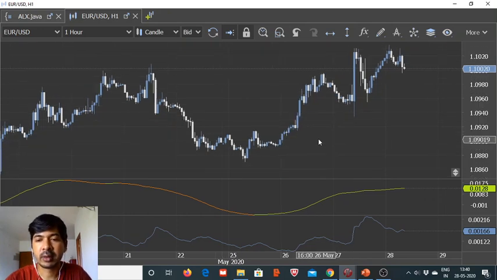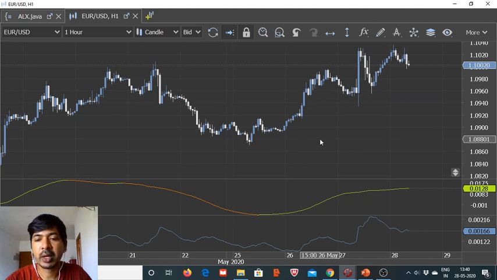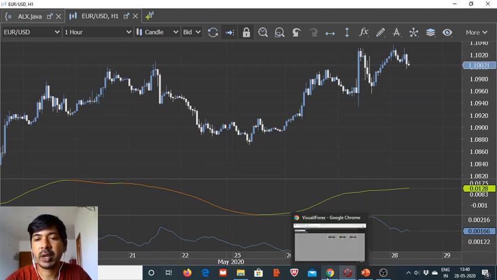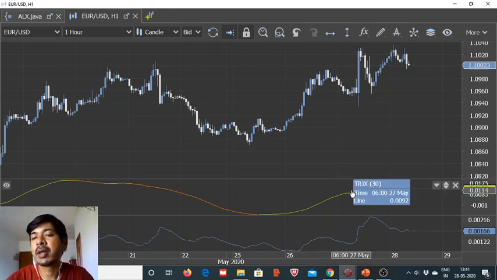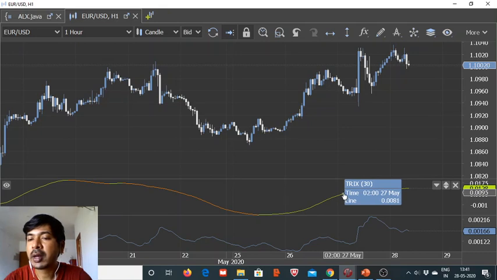So let's get started on our Visual J Forex platform, but first let's consider what the setup will be. If we are looking for the buy side, then we will be comparing the last hour's TRIX value to the value 3 hours back.